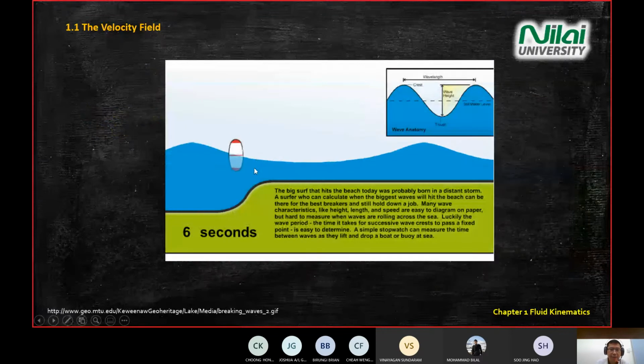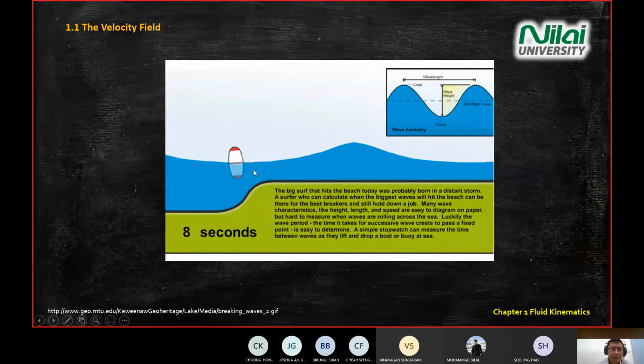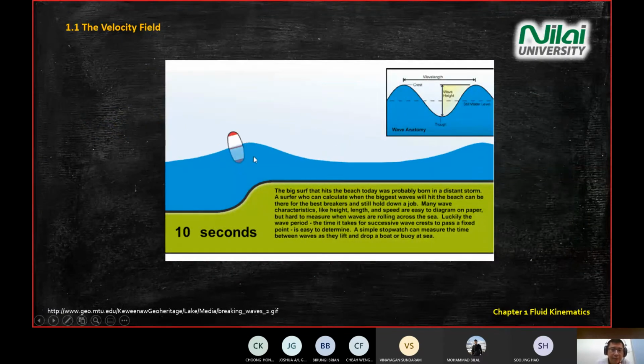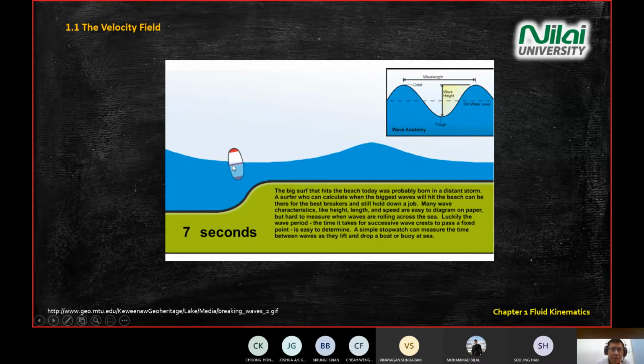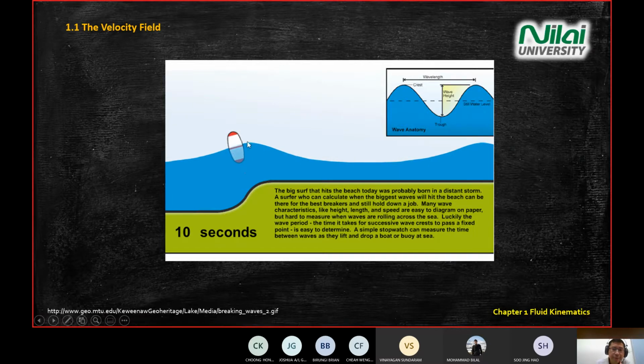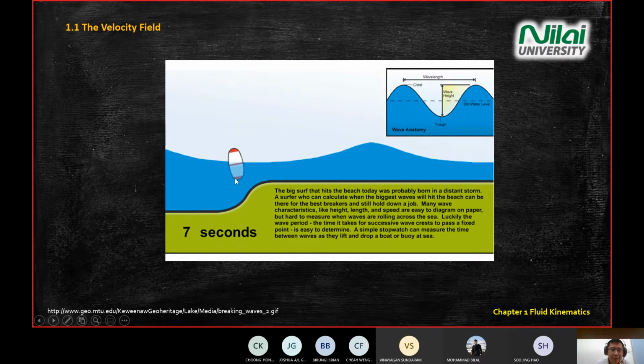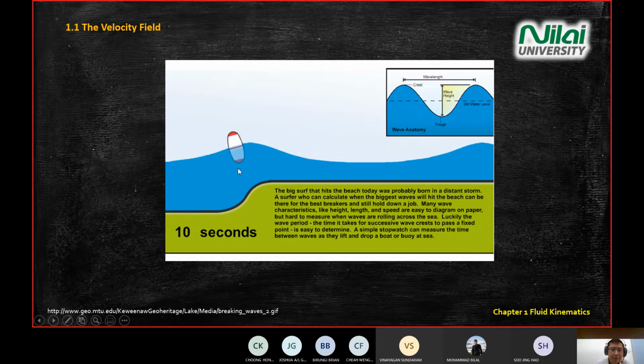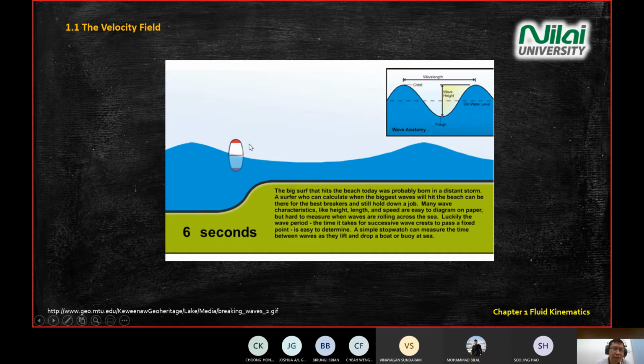Now, on these slides, you will see there's a buoyant ball here, and this buoyant ball is measuring the amplitude of the wave. For example, if this buoyant ball is fixed to a location and let it float up and down, then this becomes the Eulerian method.